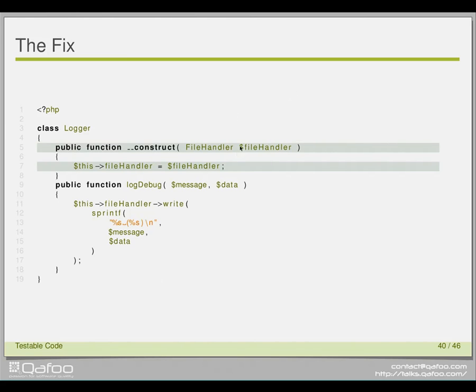Introducing a very, very slim and thin class which encapsulates the file system access for you, like something called a file handler. This file handler will also already have the log file class in itself, and then the logger only uses this file handler thingy. What that results in is that we can easily mock out the file handler when testing the logger, and we have a class which we can use in any other case where file system access is required.